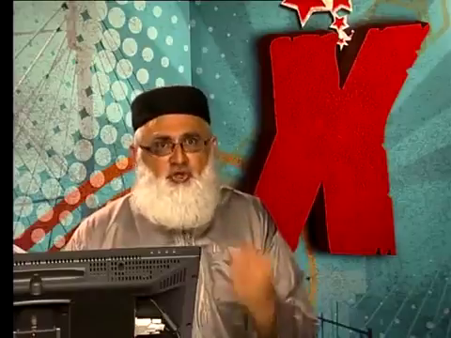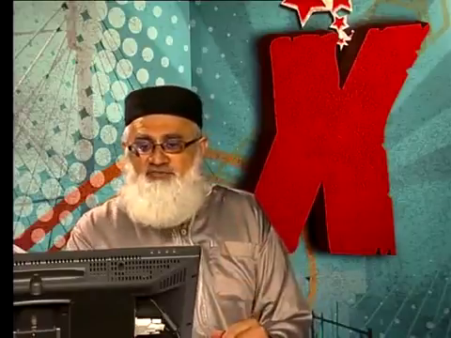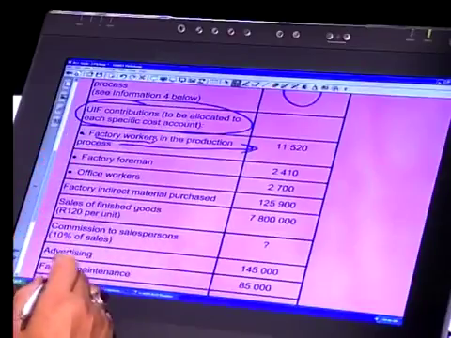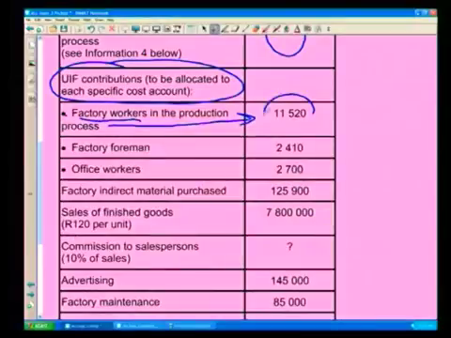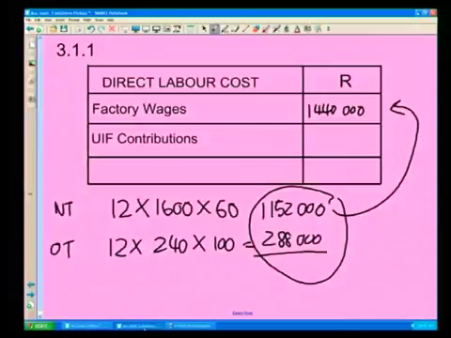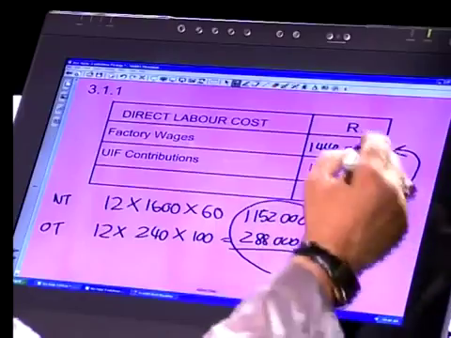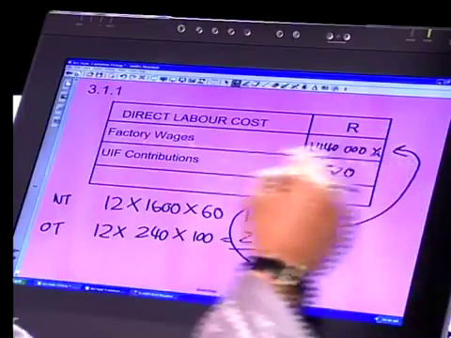In other words, factory workers, is that my direct labor? Certainly it is. Those are my employees. That is the UIF that we, the business, have contributed on their behalf, on behalf of the factory workers. As a result, 11,520. Watch what we do.